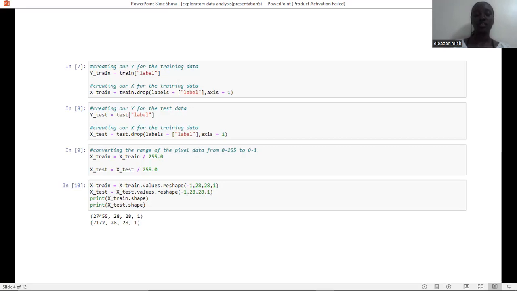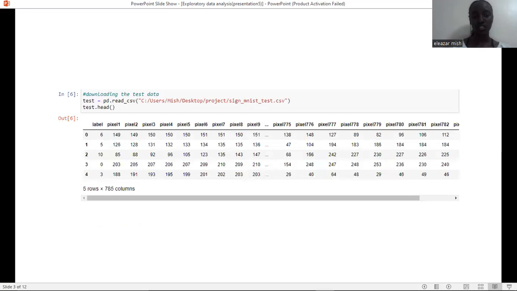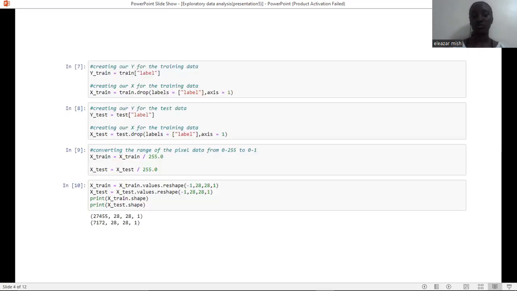Then I converted the ranges of this numeric data that was from 0 to 255 to just zeros and ones. I did that for both the training and the testing data. So I tested them and trained the data accordingly.